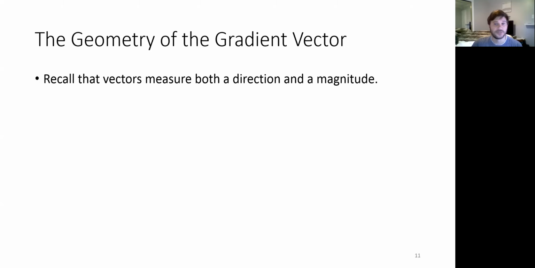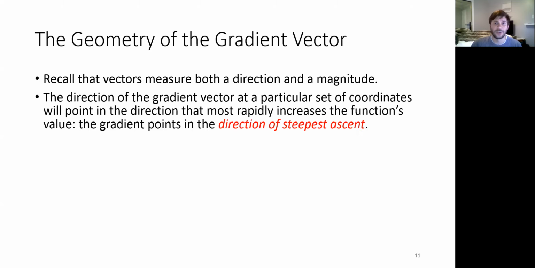And the gradient vector is important in that the direction the gradient vector points from a particular location is the direction in which the function increases most rapidly. We refer to this as the direction of steepest ascent. So if I'm somewhere on the function and we calculate the gradient and I look at the direction the gradient tells me to move, and I move in that direction, I will move up the function at the fastest rate possible.